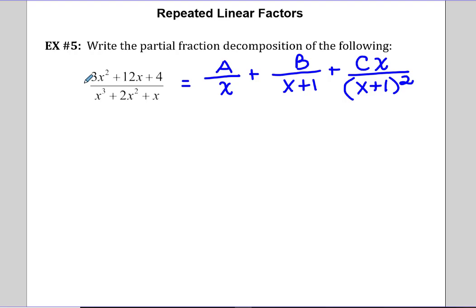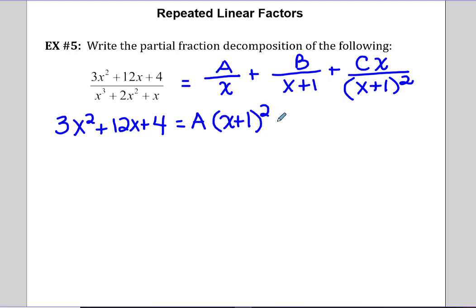Let's see, so we want to clear the fractions and only have an equation to relate. So 3x squared plus 12x plus 4 multiplied by the denominator. The denominator cancels that. And then this times that denominator is going to give us a times x plus 1 squared.